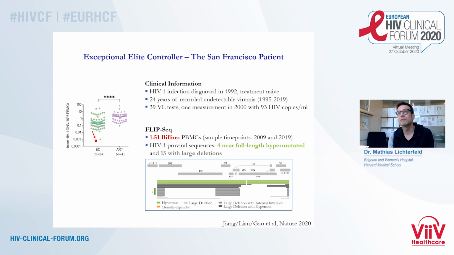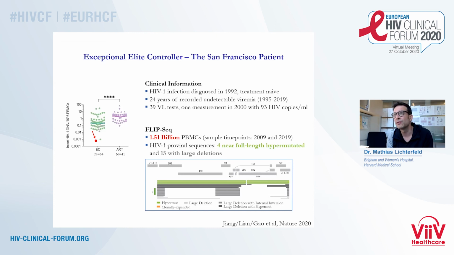So we analyzed this patient here in detail, and we ended up analyzing massive amounts of cells from that patient. It was 1.5 billion PBMC that were subjected to this FLIP-seq approach that I had talked about earlier, that single genome amplification process. And out of these 1.5 billion PBMC, we failed to identify a single intact provirus.